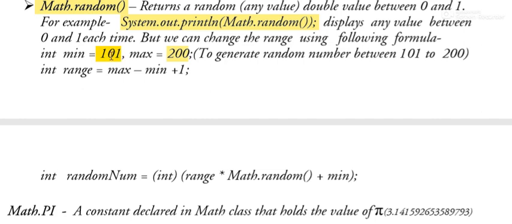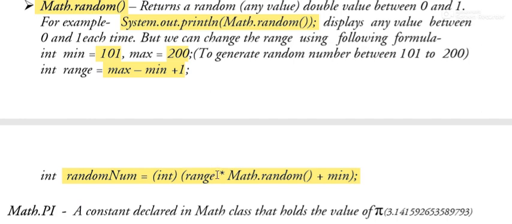First we find the range. Here the range is 100 because from 101 to 200 there are 100 numbers, and we can find the range by using this formula. And after this we can apply this formula to get any number between 101 and 200.